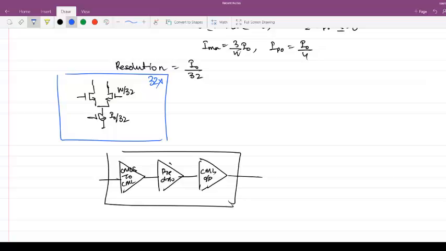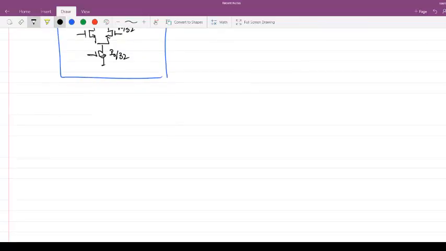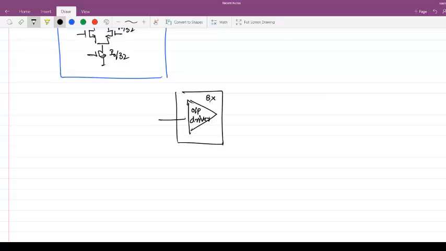Okay, the way to do it is one kind of binary segmentation and then a unary, thermometer segmentation. I use an output driver, let's say this is 8x, then I use a pre-driver which drives the 8x directly.